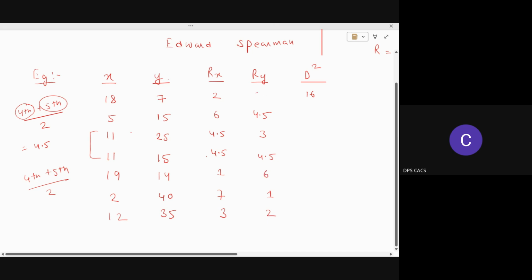I'll also fill a form now. 6 and 7 now. Tell me 2 minus 7, 5, 5 square 25. 2.25 next. 2.25 next. 0. Next. 25. 36. 1. Total 91.5. Everyone is getting that?